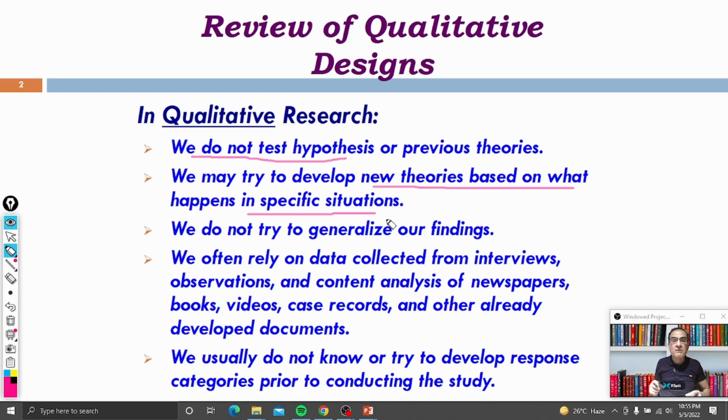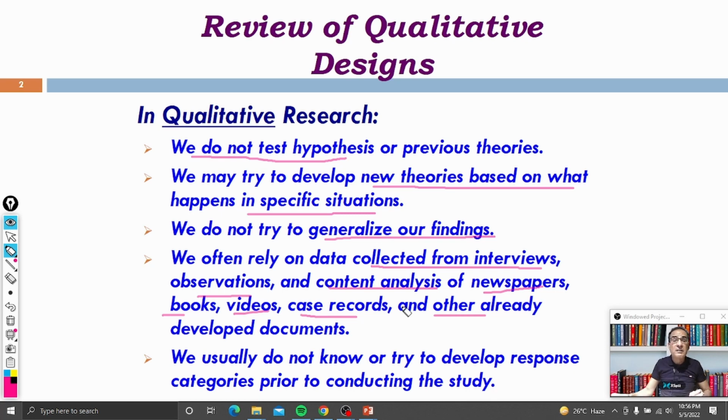Moreover, in qualitative research, we do not try to generalize our findings. We often rely on data collected from interviews, observation, content analysis of newspapers, books, videos, case records, and other documents developed in various offices and the library.